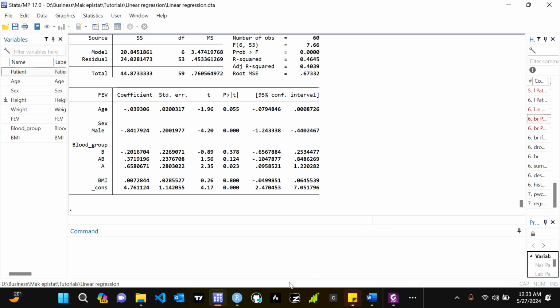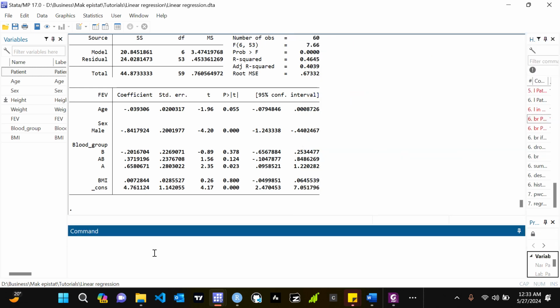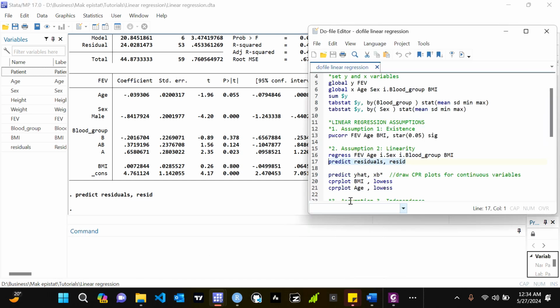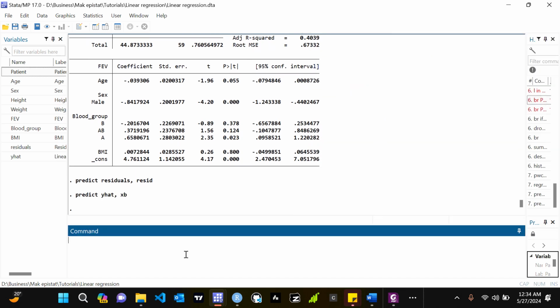We are going to plot a CPR plot. We first predict the residuals, then we also predict y hat. Y hat is the estimated values of y in a regression line.